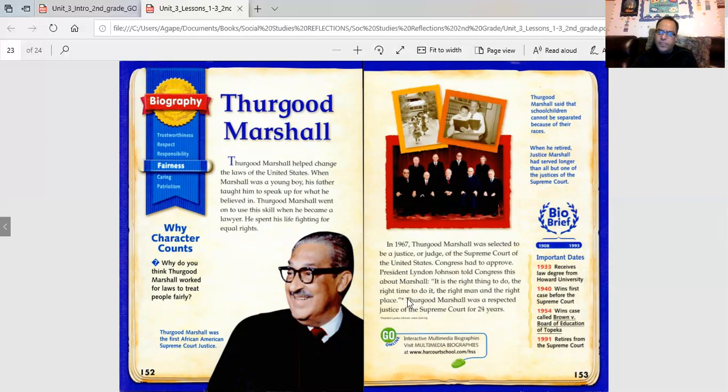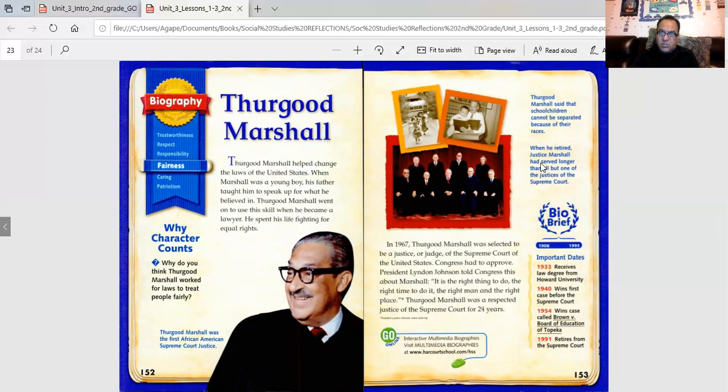Something to consider: Thurgood Marshall said that school children cannot be separated because of their races. Many decades ago, blacks and whites couldn't be in the same classroom. Everyone was separated. And many decades before that, some of the only people in the classrooms were only whites.